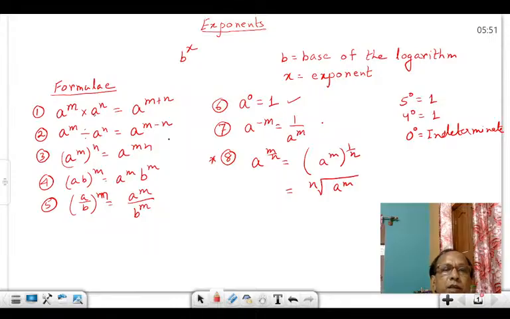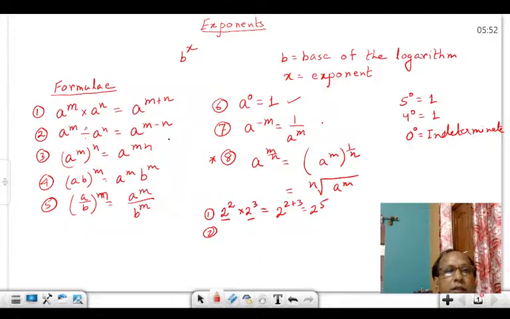Suppose a to the power m into a to the power m. Suppose it is 2 to the power 2 into 2 to the power 3. You see here the base is the same, therefore the powers will be added, that is 2 to the power 2 plus 3, so you can write it as 2 to the power 5, right?